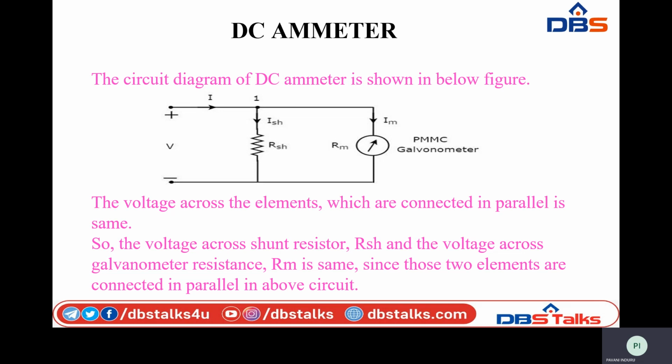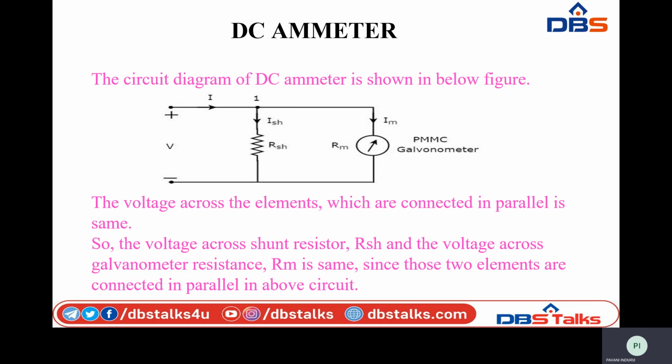Now, in order to find the shunt resistance required across the PMMC galvanometer, we need to make use of Kirchhoff's laws. When two or more elements are in parallel, the voltage across the terminals is the same, whereas the current is divided among the components.